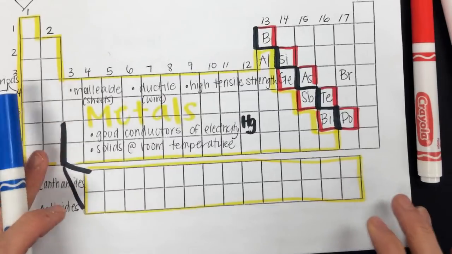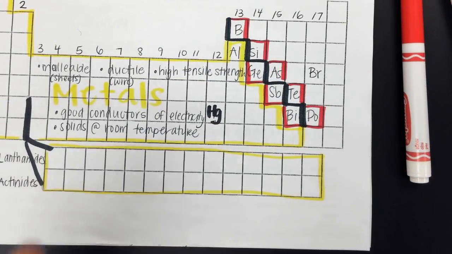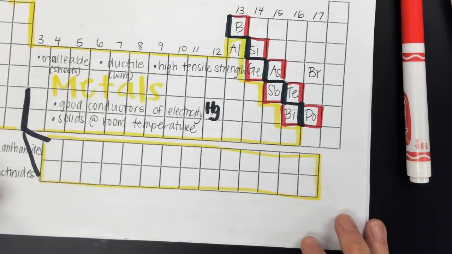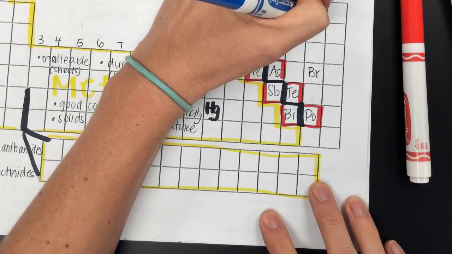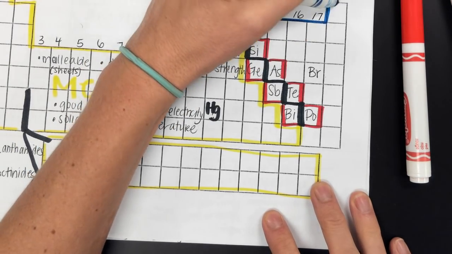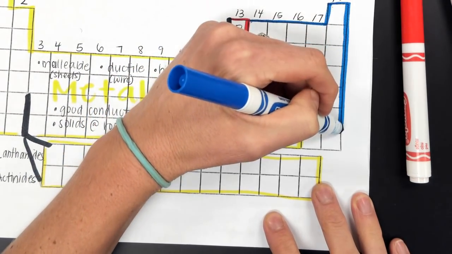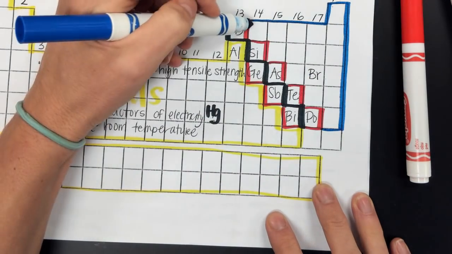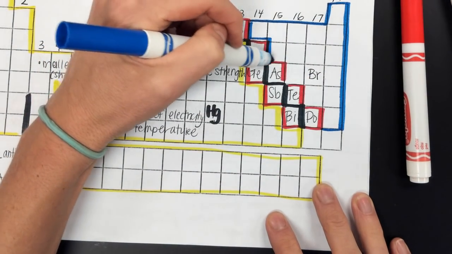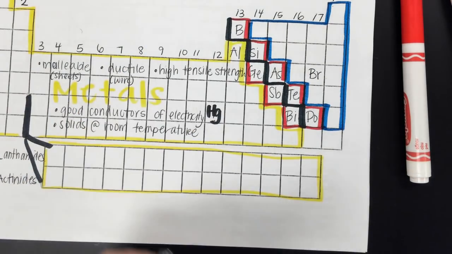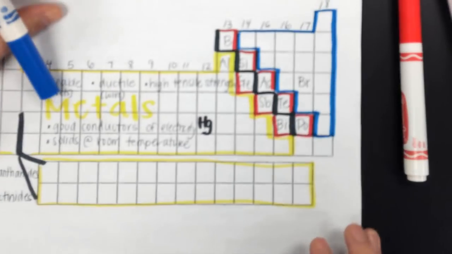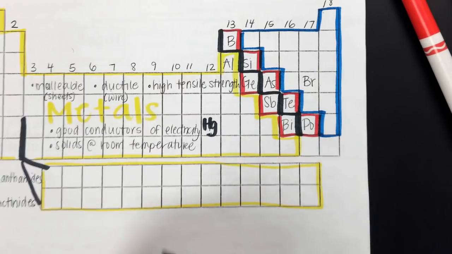I am going to outline the non-metals in blue, and they are your group of elements over here. Again, I'm just going to ignore those ones on the bottom that are white. They're a smaller group. They are in the top right-hand corner of your periodic table.